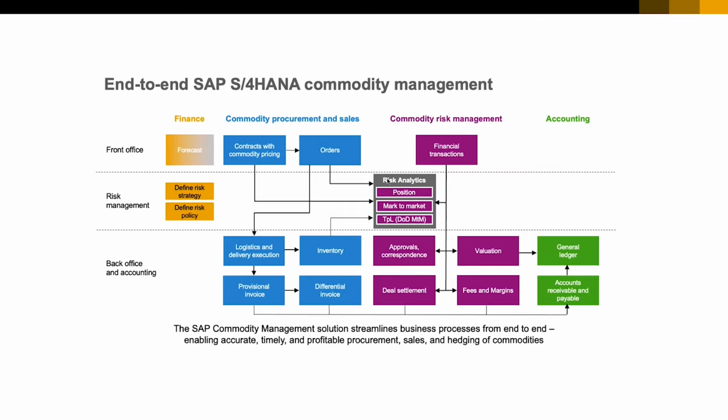For every commodity management implementation, specifically when it comes to risk management, every business unit that manages the risk would have a specific risk strategy or risk policy, right? So you have different business units or profit centers.